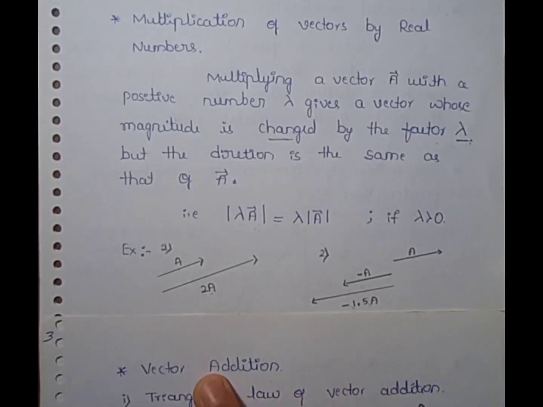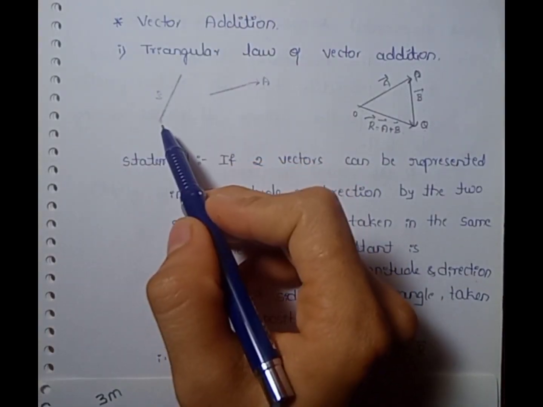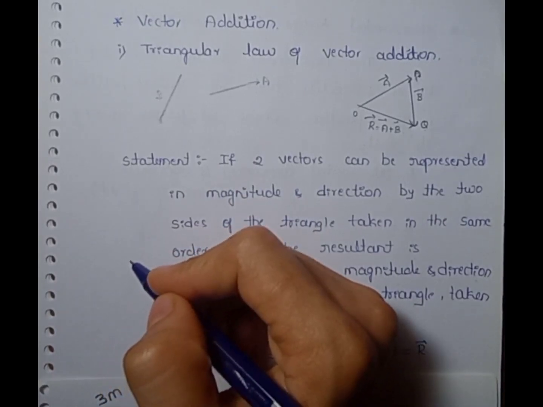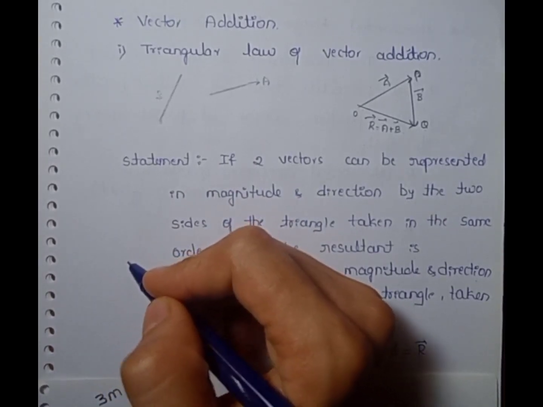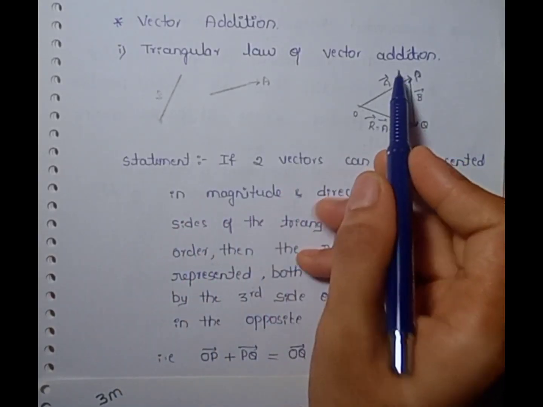Next concept is vector addition. In vector addition, the triangular law of vector addition and another one, the parallelogram law of vector addition, both carry 3 marks in the final examination. Let us discuss the triangular law of vector addition.